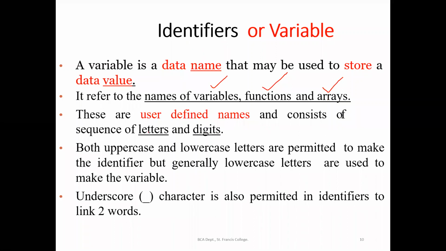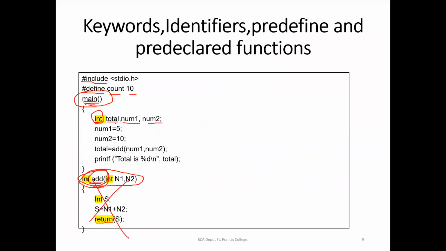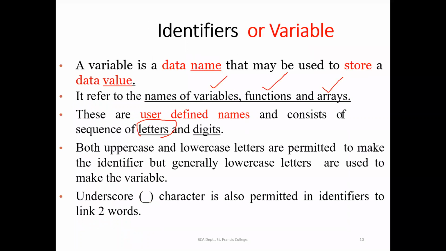This user defined name consists of a sequence of letters. When we named the variable in the previous example, total is a sequence of letters. Num is also a sequence of letters, followed by a digit. So here in the rules they are telling that you can name it using a sequence of letters and digits.